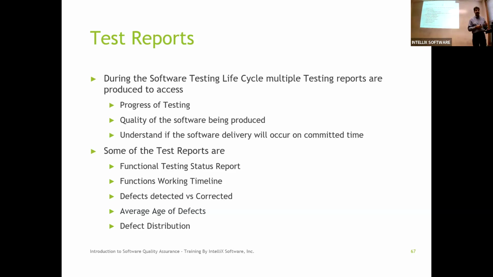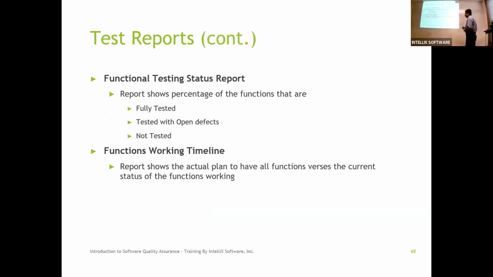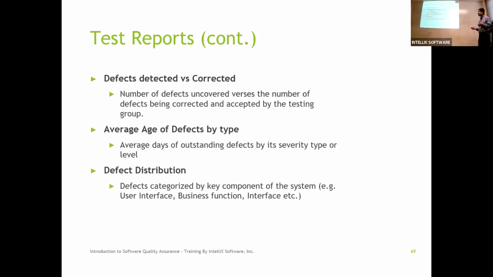Is it taking 1 day? Is it taking 2 weeks to fix every defect? What is the average age of a defect? Then it also talks about the percentage of functions or test cases that you've done: how many you tested, how many passed, how many still remain for testing.